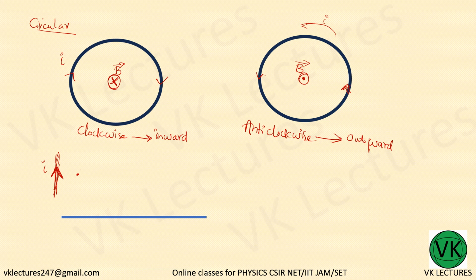So it is clockwise like this. When we go with the current and come to this point, it is clockwise, no? So we can tell that as it is clockwise, the magnetic field here is into the plane.